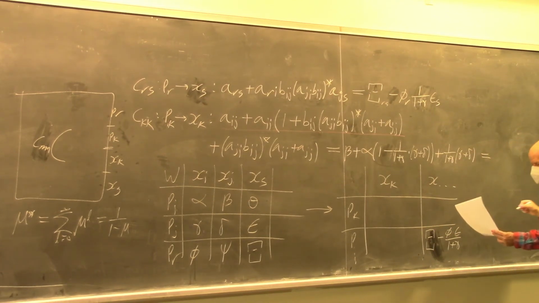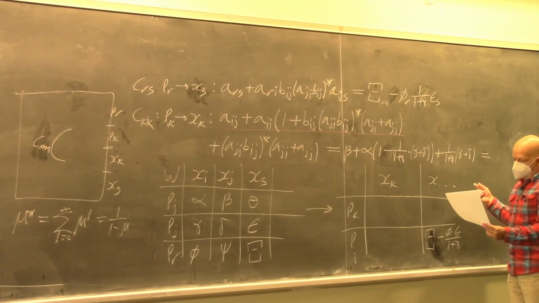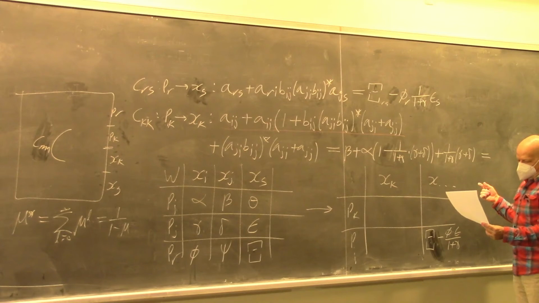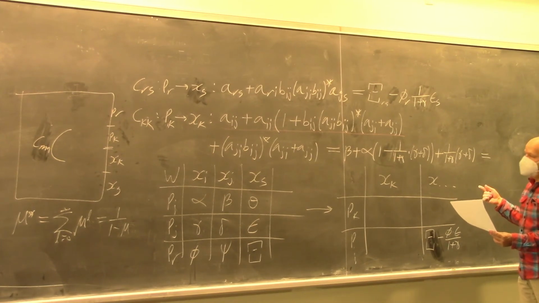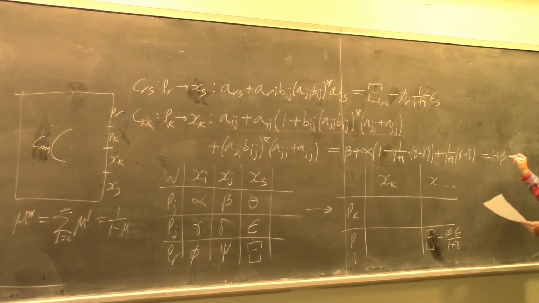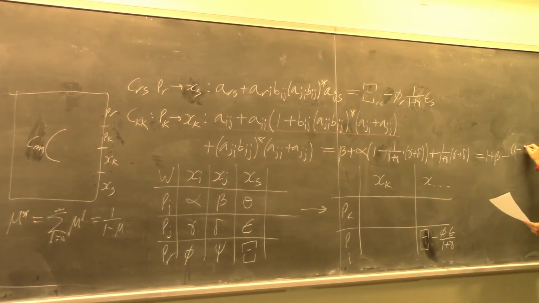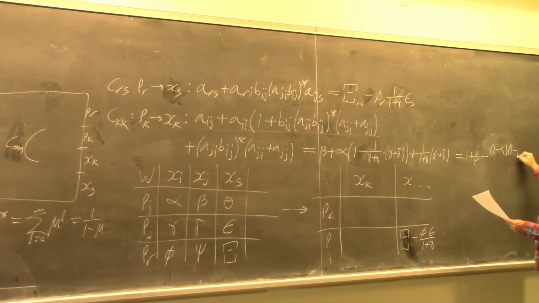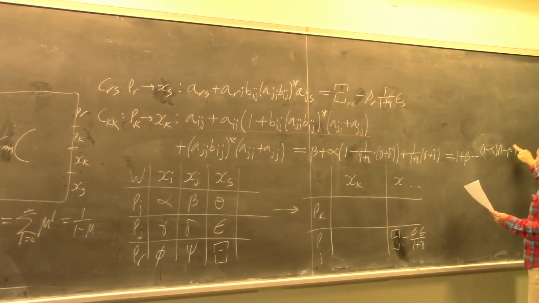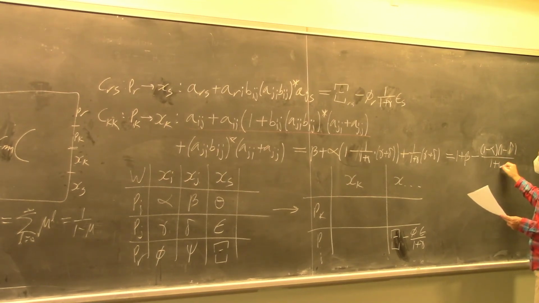And then comes a simplification that anybody can do in their spare time. Yeah, I didn't make any mistake. This is 1 plus beta times minus 1 minus alpha, 1 minus delta, divided by 1 plus gamma.